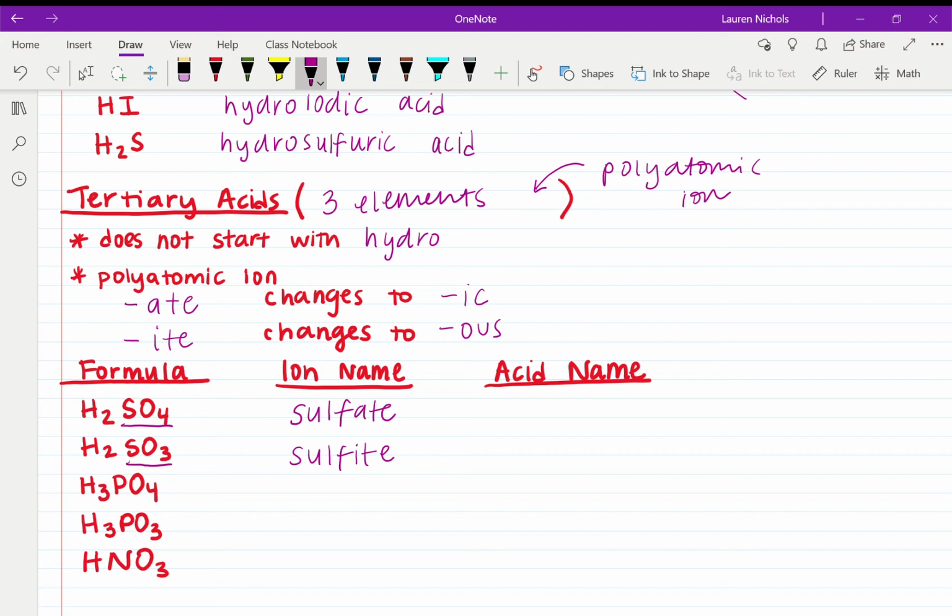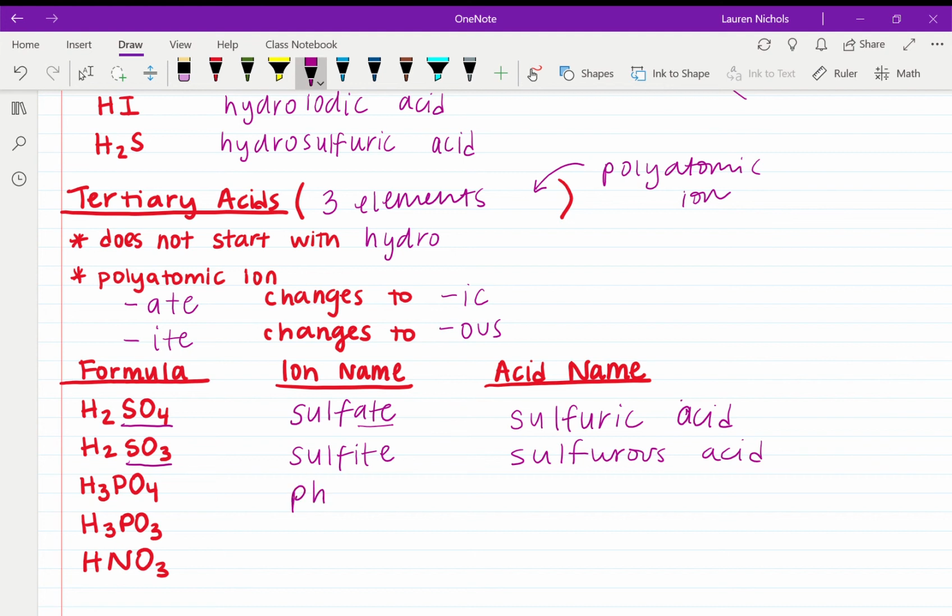So because sulfate ends in ATE, we'll change it to sulfic acid. Oh, hold on. Actually, that's wrong. Sorry about that. We'll change it to sulfuric acid. Sulfur is one of the weird ones where you keep the UR. So sulfite becomes sulfurous acid.